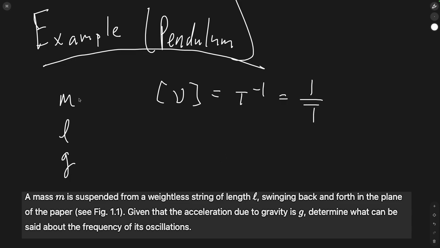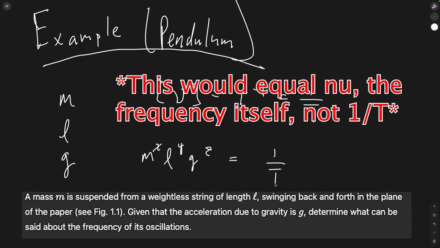So how can we rearrange this to get 1 over t, right? So in other words, we have m to the x, L to the y, and g to the z. This needs to equal 1 over time.